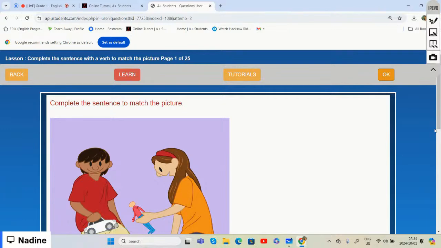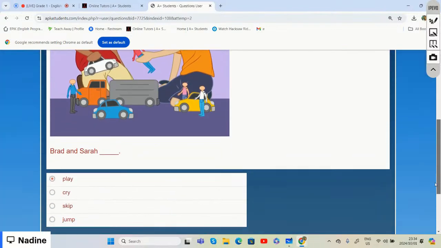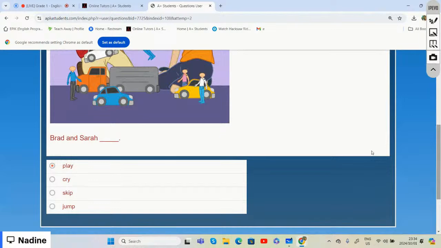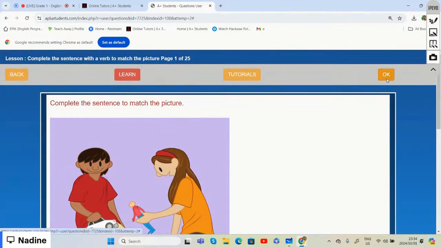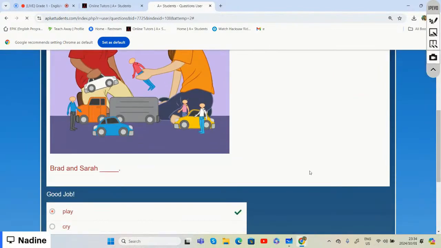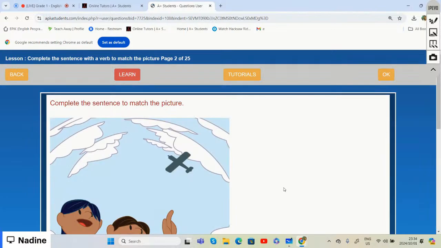And if we were to identify the action, we can say play. So well done. Play is correct.